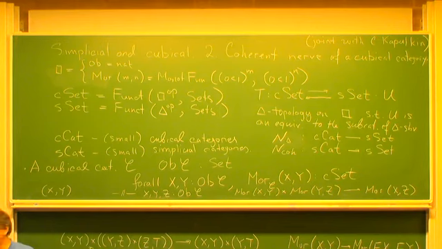Now there is a comment here which I want to make because we are in such a categorical environment. There is a problem in trying to define a category of, let's say, simplicial categories or cubical categories in univalent foundations.